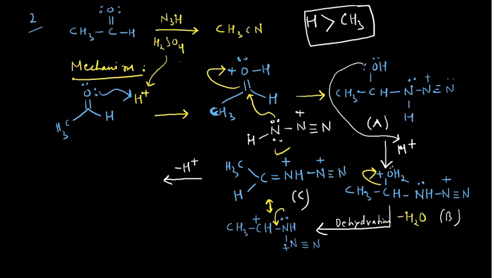So I can rewrite this just like that, and this is the hydrogen, and that hydrogen will be removed from here as a proton, and this will push this electron pair onto this nitrogen atom.